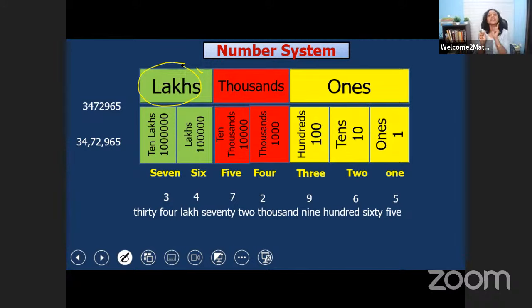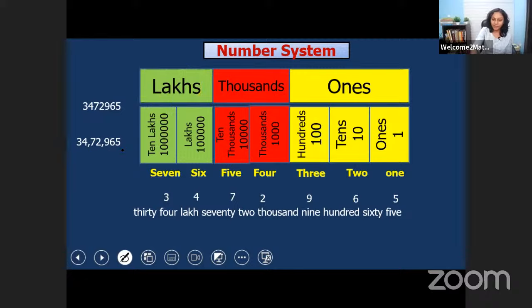After one period, you put a comma, not after the place. Then 72,000, after which you put a comma, and then 965.